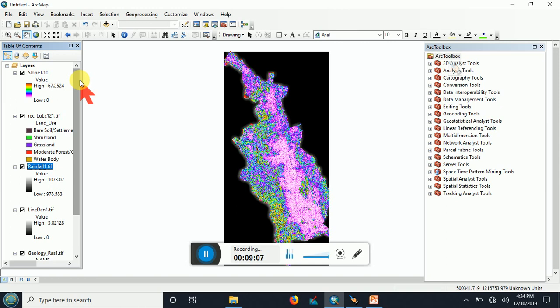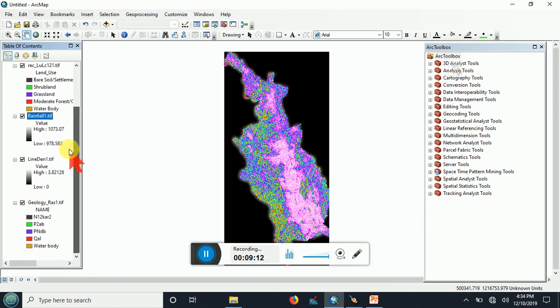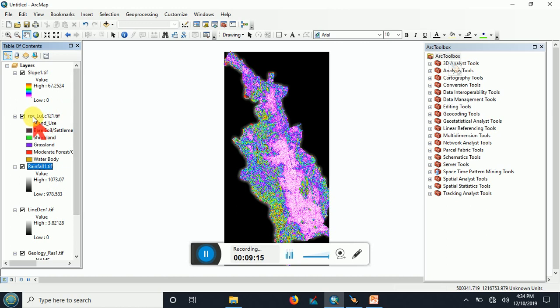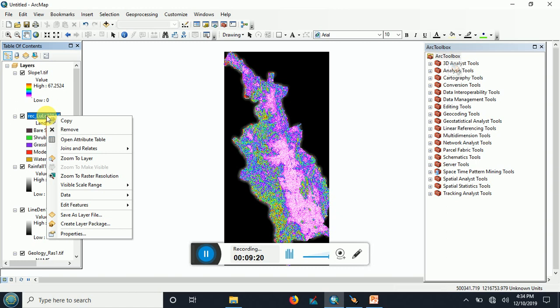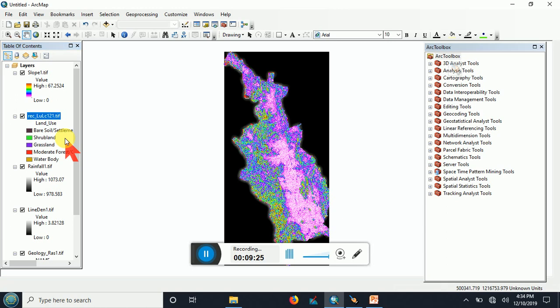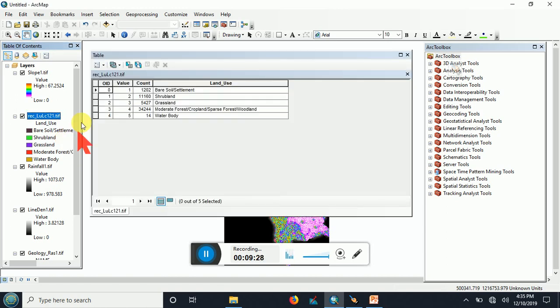By reclassify, for example, when you come to the land cover thematic map, when you right click on it and open the attribute table, you can see that it is already reclassified, because you can have values like 1, 2, 3, 4, and 5 with different land use values.